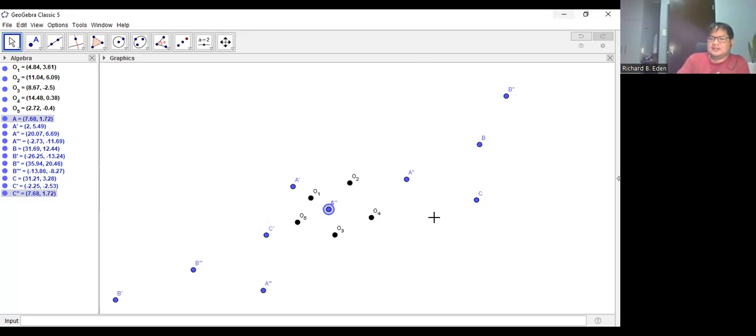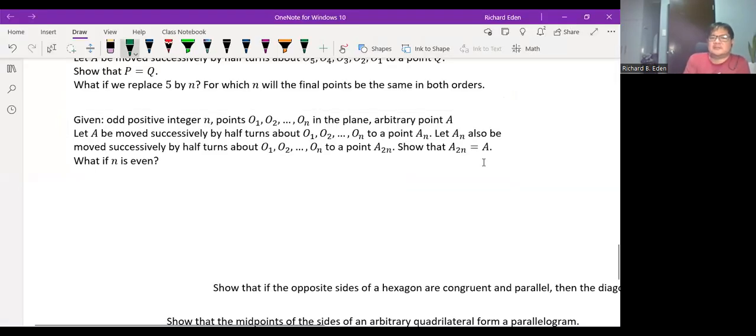Balik na tayo dun sa problem statement. Okay. If you do the half turns, A, and then half turn around O1, half turn, O2, half turn, until the O sub n half turn.